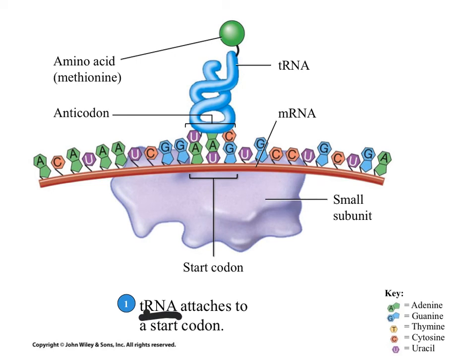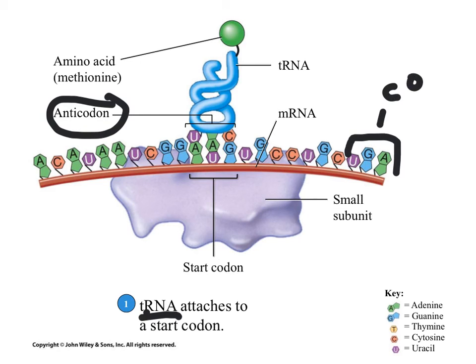And then we have the tRNA that is going to come here. Now what the tRNA has is an anticodon right here. So our mRNA is read in 3s, and those 3s are called a codon. And then tRNA has what is called an anticodon, and the anticodon matches up to the codon on the mRNA.